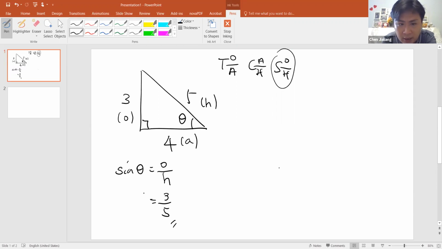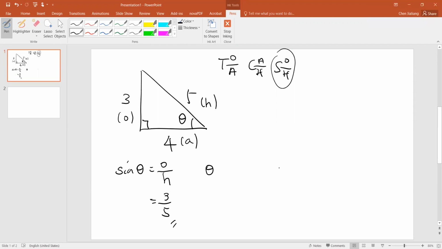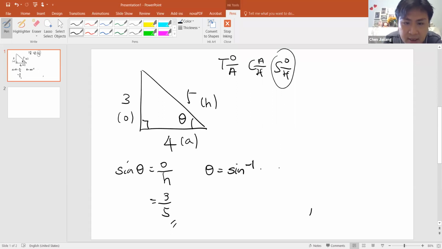Now on the right side of sine theta, there's this thing called theta. Have you all watched the video on how to press the calculator? Yes, you all watched already. So to press the sine inverse, theta will be equal to sine inverse of 3 over 5.